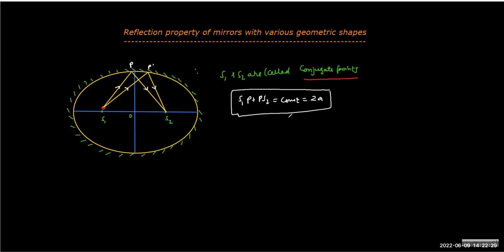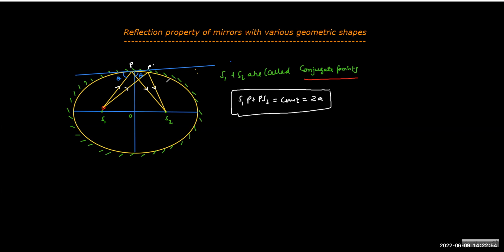So that is what you need to remember, the property of an elliptical mirror. And if you draw the tangent at a mirror, like this is something which we need to know for mathematics only, not physics. If you draw any tangent at the mirror, then this angle will be the same as this angle because of the reflection property. These angles are always equal.